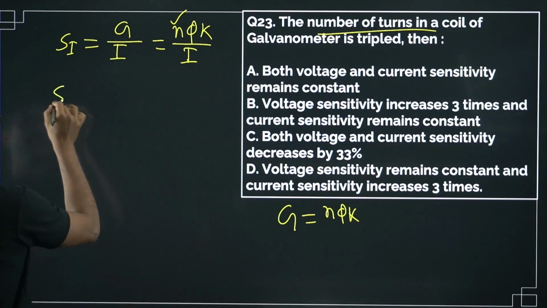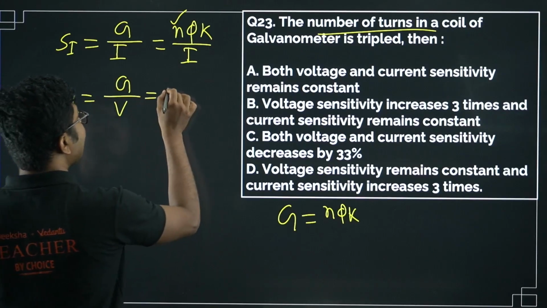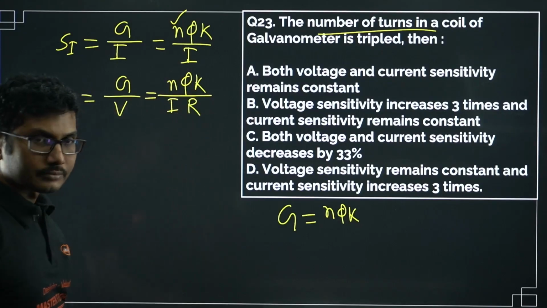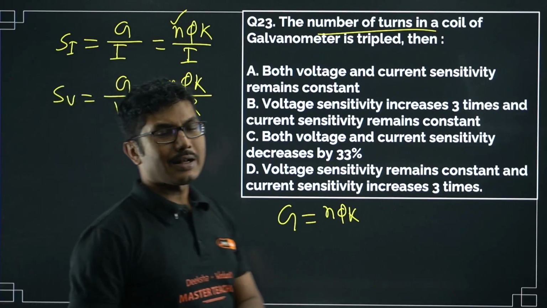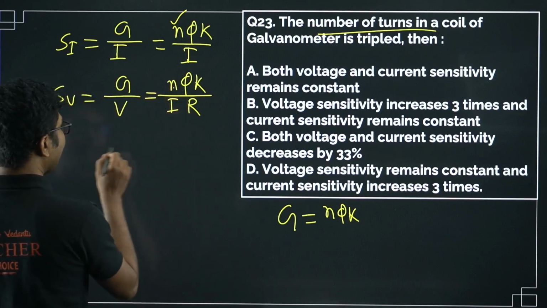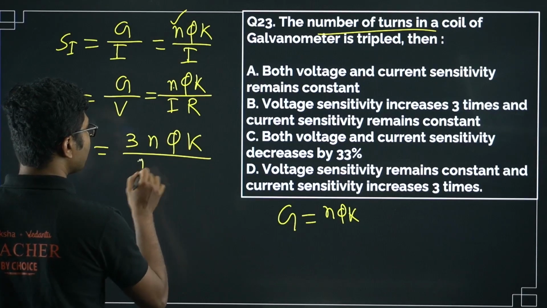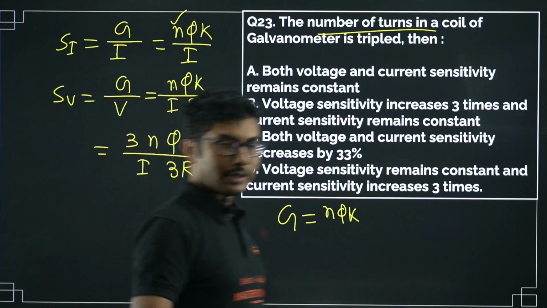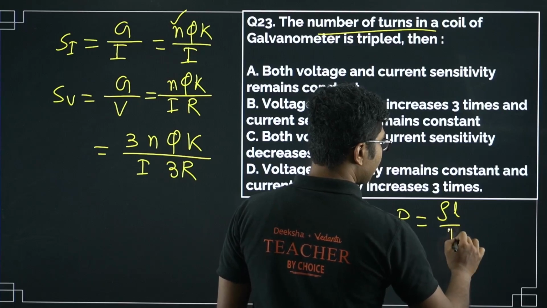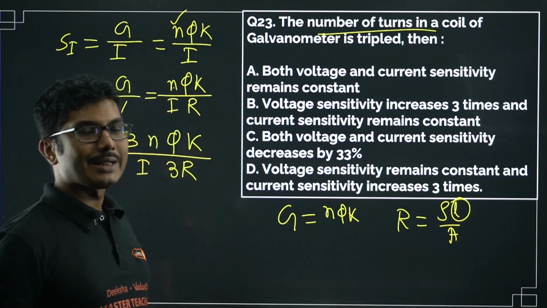Now what about voltage sensitivity? Voltage sensitivity is G by V, that is n phi k by I into R. Now this resistance R is directly proportional to the length of the coil. If you increase N by 3 times, the resistance will also increase by 3 times, because we have learned resistance is rho L by A. If you are increasing the number of turns, you are increasing the length of the wire 3 times.